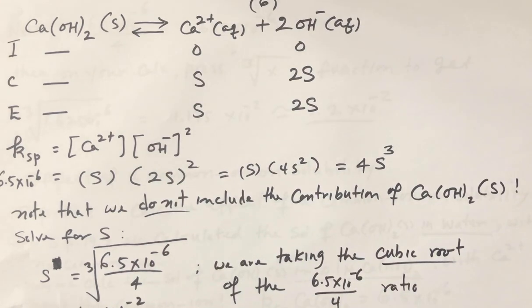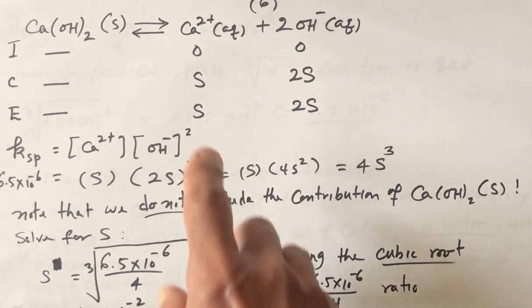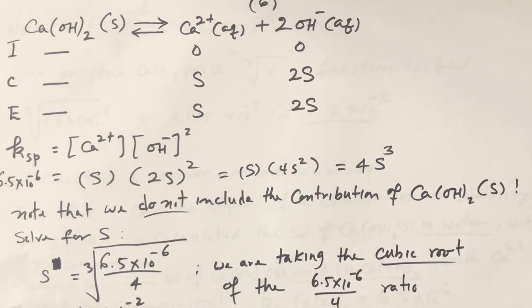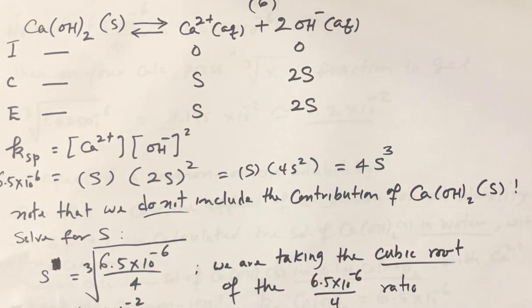And then E, as you know, is I plus C, so 0 plus S gives you S, and then you have 2S. So we have seen this before. This is nothing new to us. But instead of X, we are using S for solubility to distinguish it from the previous concepts of equilibrium, where we had aqueous components on both sides of the reaction.